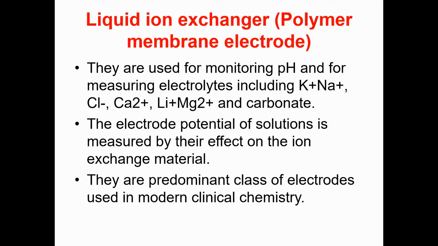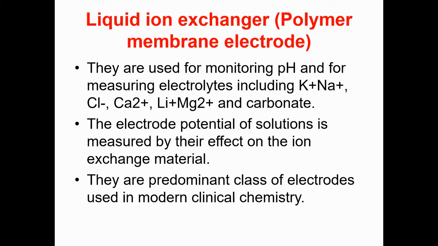This liquid ion exchanger is nothing but a polymer membrane electrode. This electrode is used for monitoring the pH and for measuring electrolytes, which include potassium, sodium, chloride, calcium, lithium, magnesium and carbonate. The electrode potential of a solution is measured by its effect on the ion exchange material.